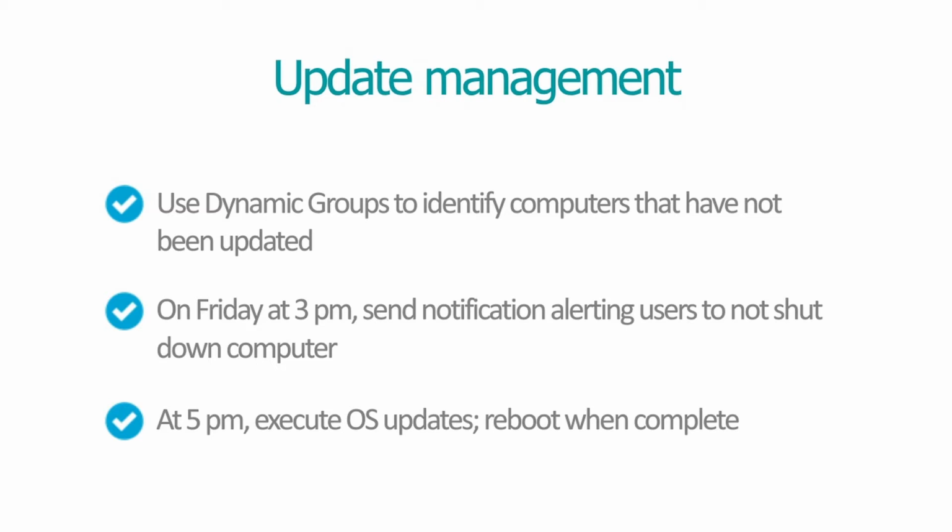Then on Friday at 3 p.m., send a notification alerting users not to shut down their computer. Then finally at 5 p.m., execute the operating system update, then reboot the computer when complete. So once you set this process up once, you never have to set it up again or worry about it again. So it greatly lessens the amount of administrative time that IT administrators need to spend in their environment.